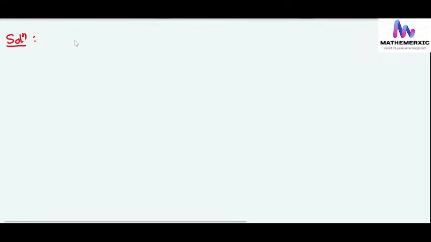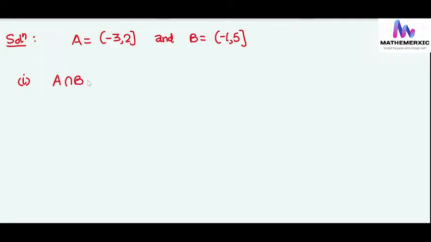Initially we have sets A equal to (-3, 2] with a closed bracket, and B equal to (-1, 5] with a closed bracket. Now you have to find the following: let us say 1, A intersection B. A is (-3, 2], and we need to find the intersection with B.